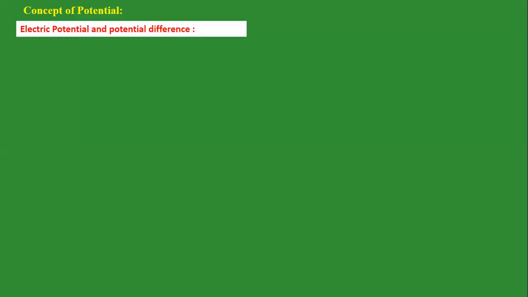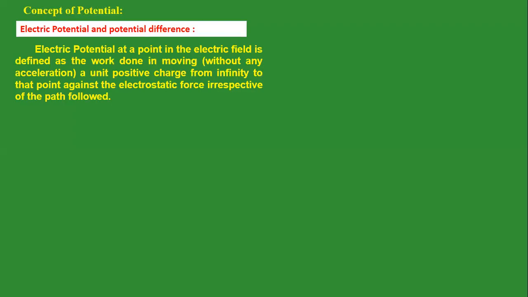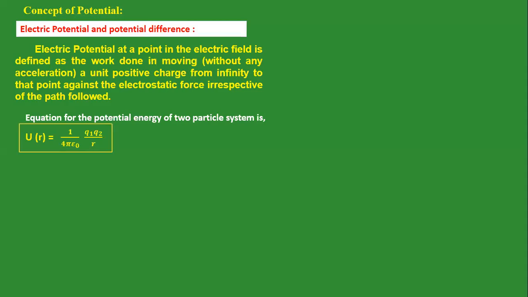Now, what is the concept of potential? We have to learn this concept of potential. We already learned the potential energy of a two particle system, 1 upon 4 pi epsilon 0 q1 q2 by r.